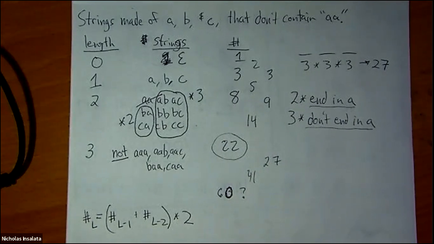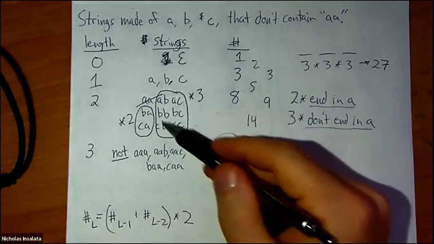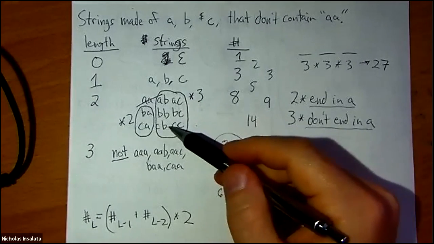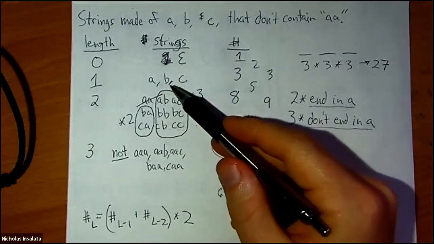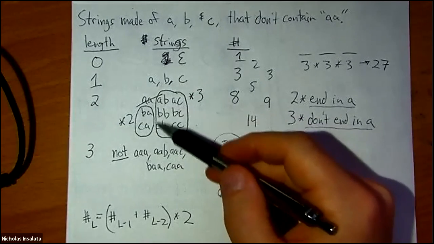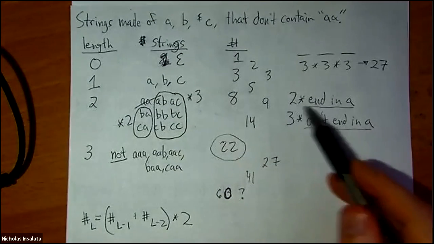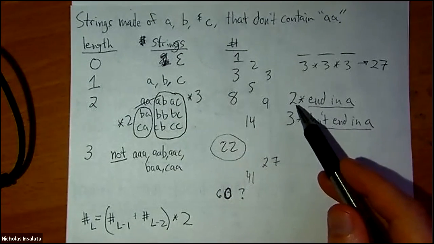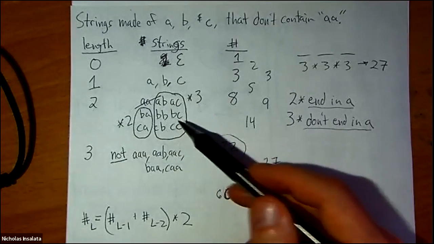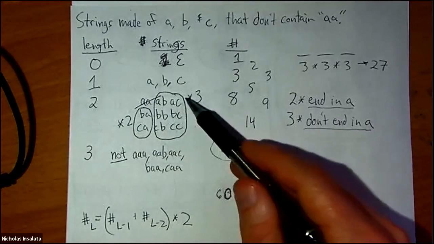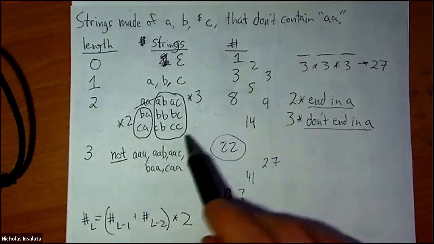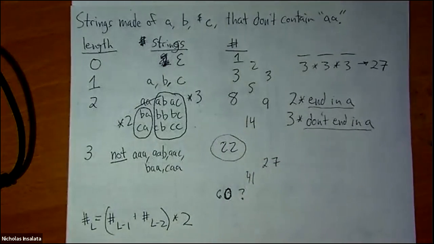Okay, so that's nice. So let's think about this then, right? If we go back 1 level times 2 and then another level times 2, what's going on there? So if we think about this guy, we go back 1 level times 2, there's A, B, and C. Well, here you're multiplying by 3 in a sense, because you're saying, okay, you have, well, no, I'm not going to go that way.